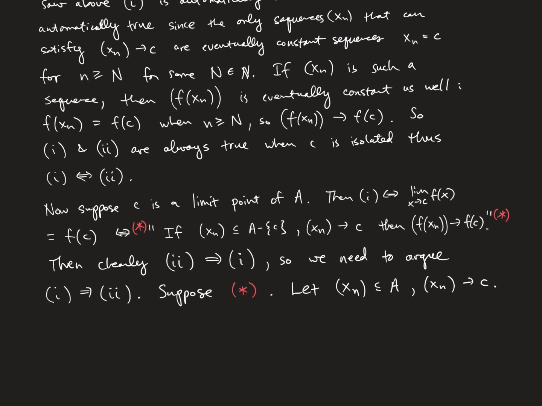Well, the natural idea is to take this sequence and divide it into 2 pieces. One where the xn's are in A but not equal to C, and one where all the xn's are equal to C. So there are two subsequences which exhaust the entire sequence.